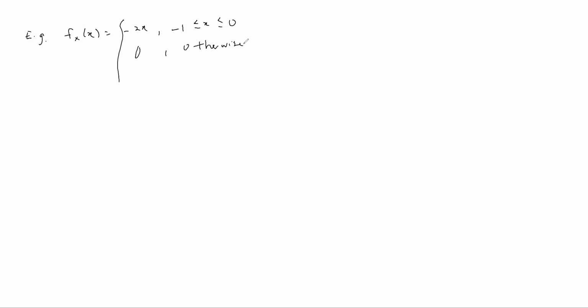If I sketch this one out, it looks something like that. When x is negative 1, this is negative 2. Oh, sorry, this is 2. What do I mean by negative 2 here? This is 2, because negative 1 times negative 2 is going to be 2.